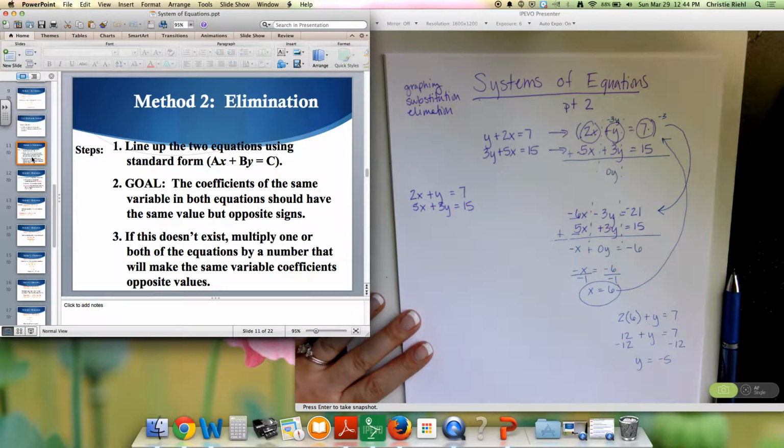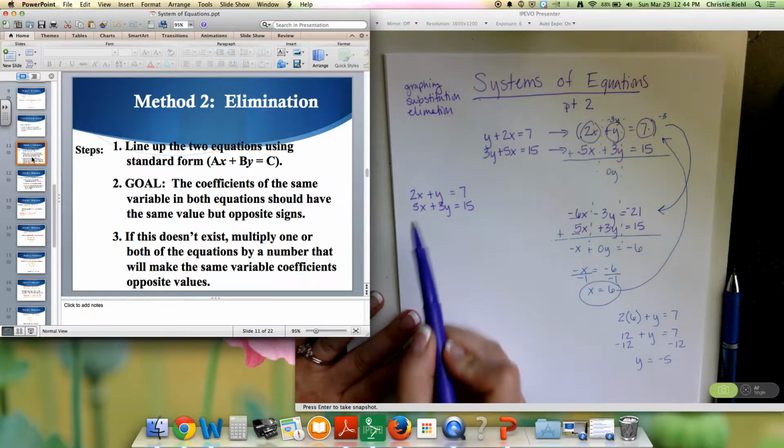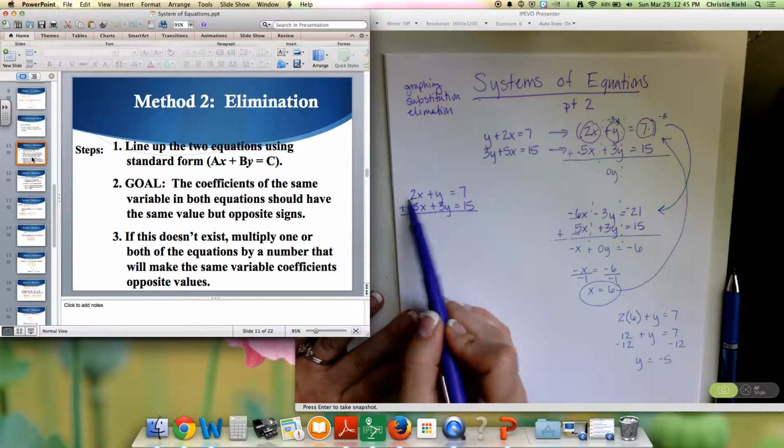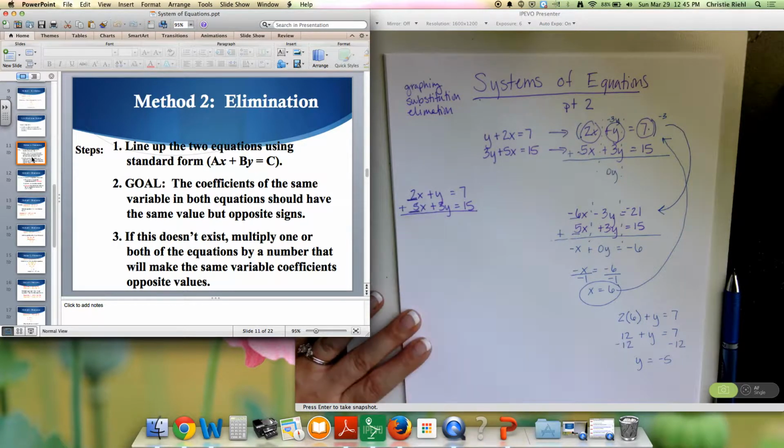So remember, my goal is for the coefficient to be the same, but opposites. So if I wanted to have the 2 and the 5 be the same but opposite, I need to think about the factors of each of these. And what would my greatest common factor be? And I would choose 10.